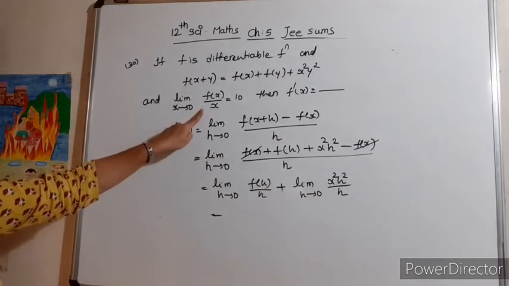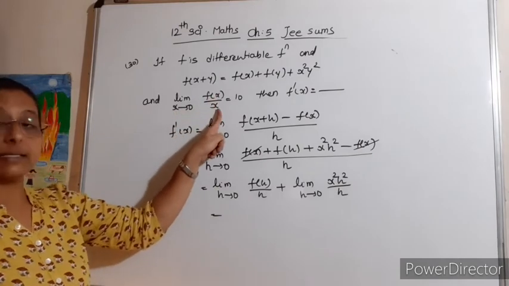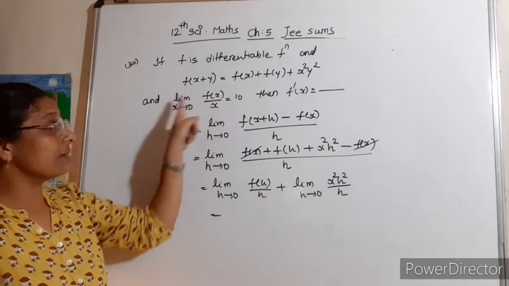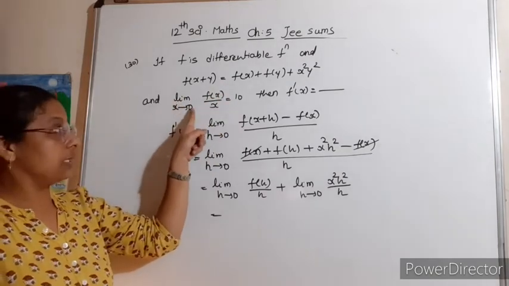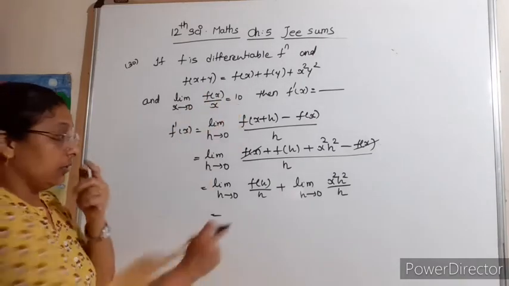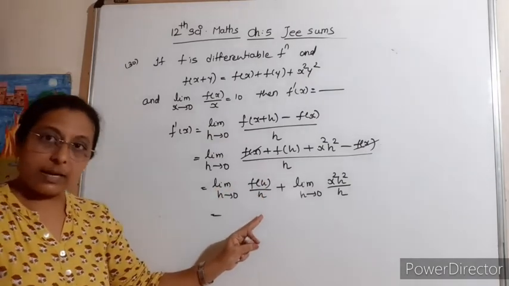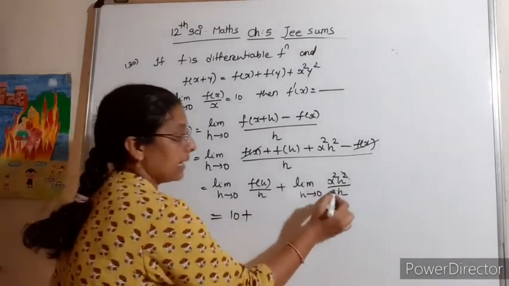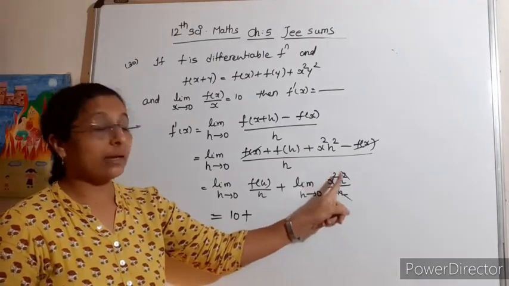One more thing is given. Limit x tends to 0, f of x upon x is 10. So instead of x, if it is replaced by h, limit h tends to 0, f of h upon h is equal to 10. So this value is 10, plus one h cancels. Now it is limit h tends to 0, x square h.